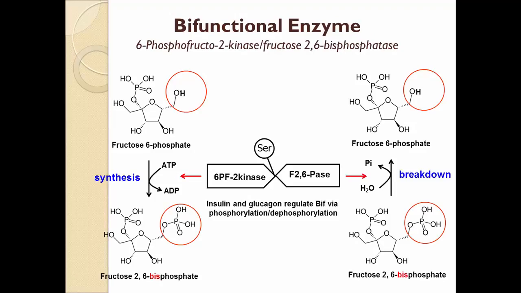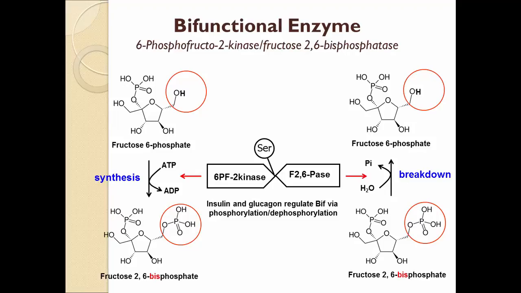This just shows you how the bifunctional enzyme controls the synthesis or breakdown of this key substrate, and the two enzyme activities do different things. For example, phosphofructokinase 2 catalyzes the production of fructose 2,6-bisphosphate.